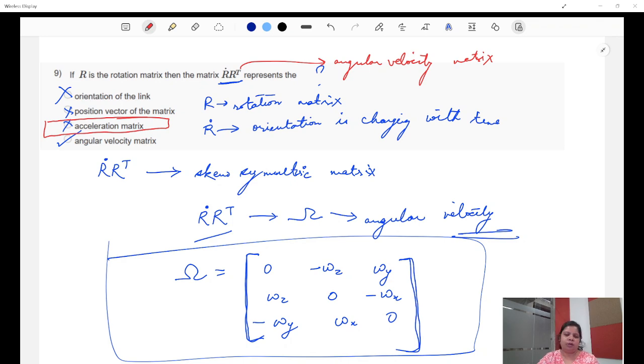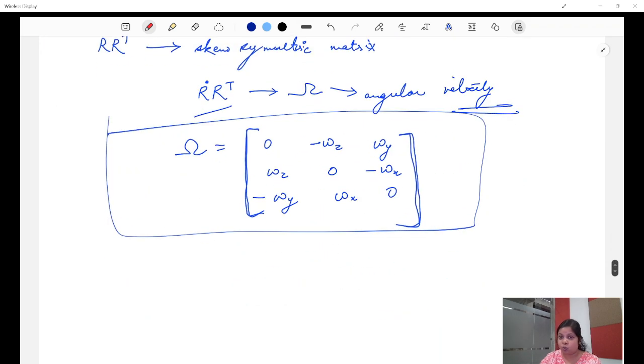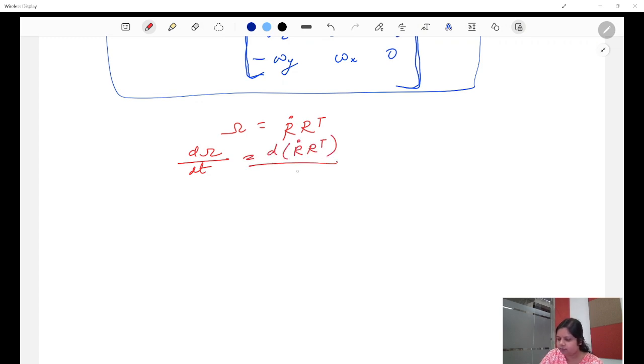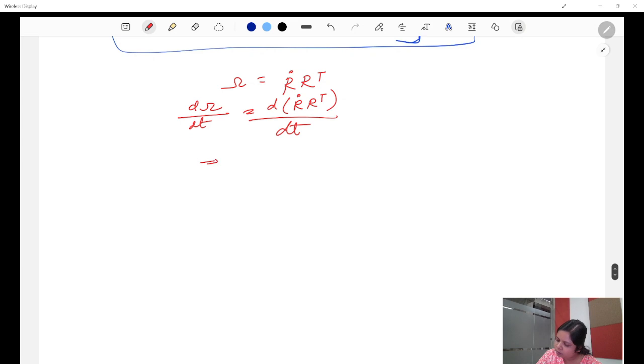And yeah, I'm not going to derive it, but I'll just tell you what happens here. So your angular velocity is given by R dot R transpose. If you differentiate it with respect to time, you will get omega dot is equal to R double dot R transpose plus R dot R dot transpose.